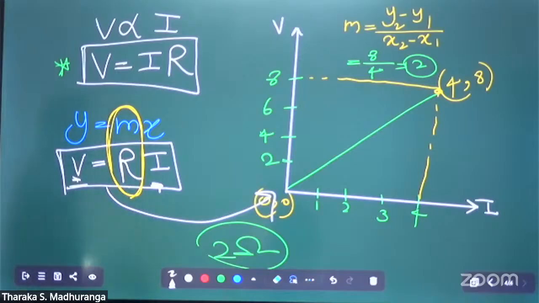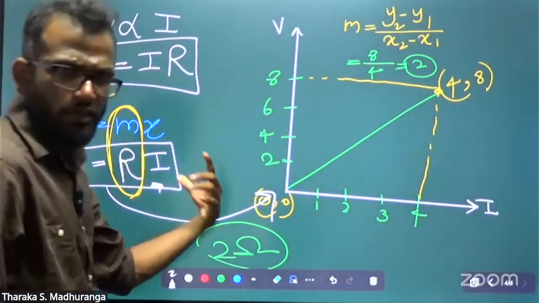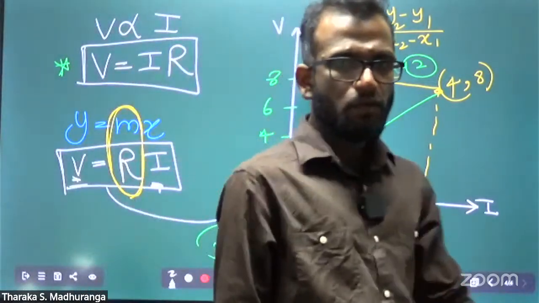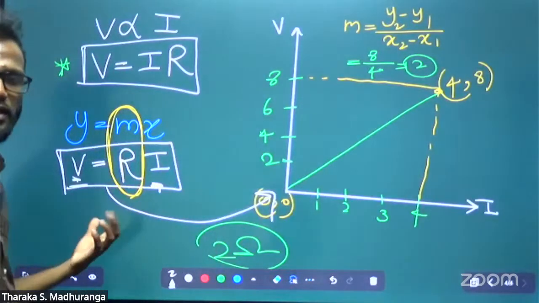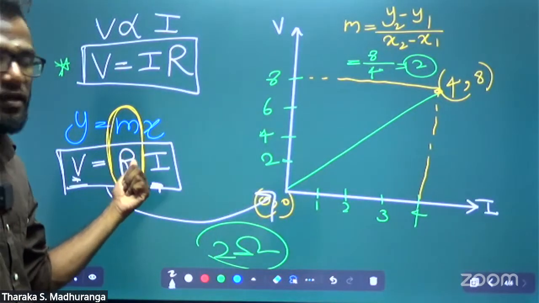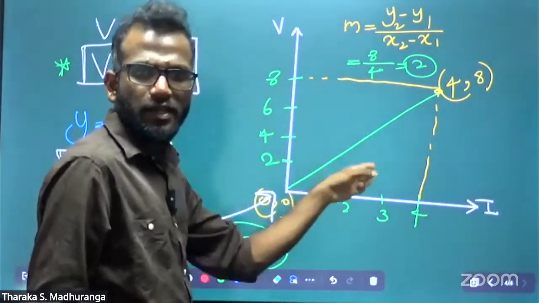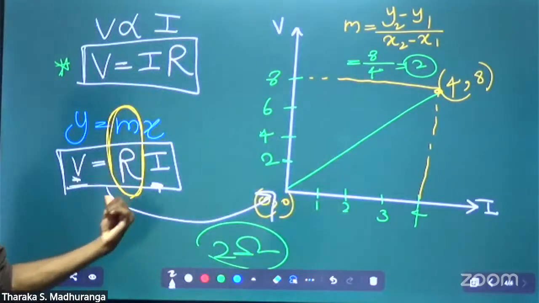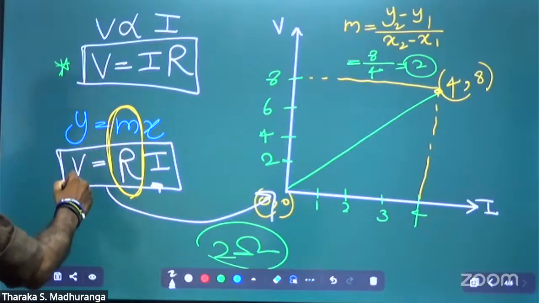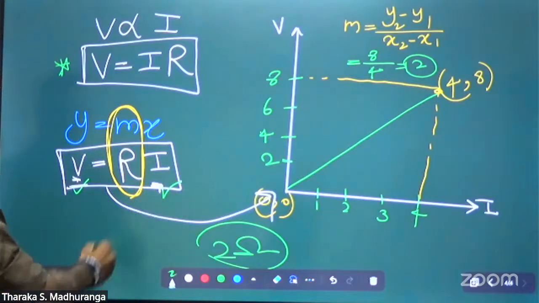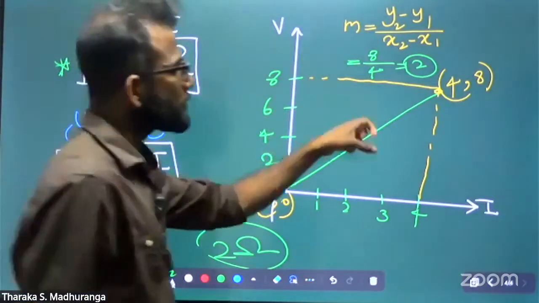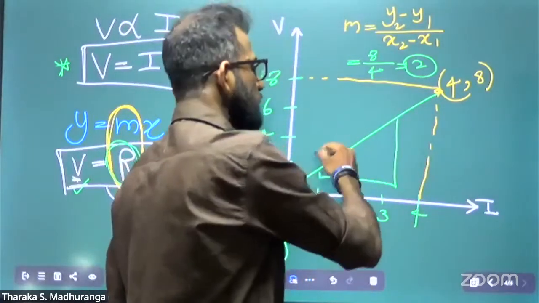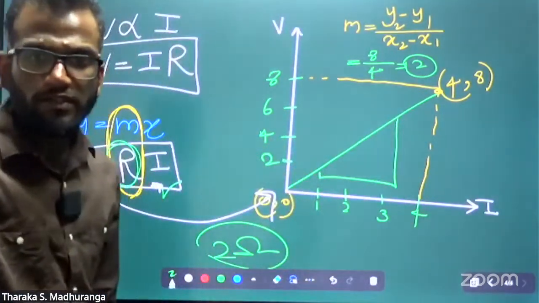Simply, we make this equation into the y equals mx form. After making it y equals mx type, the gradient of this equation equals the resistance. The y-axis is V, the x-axis is I, and R is the gradient. Gradient we already discussed in coordinate geometry.